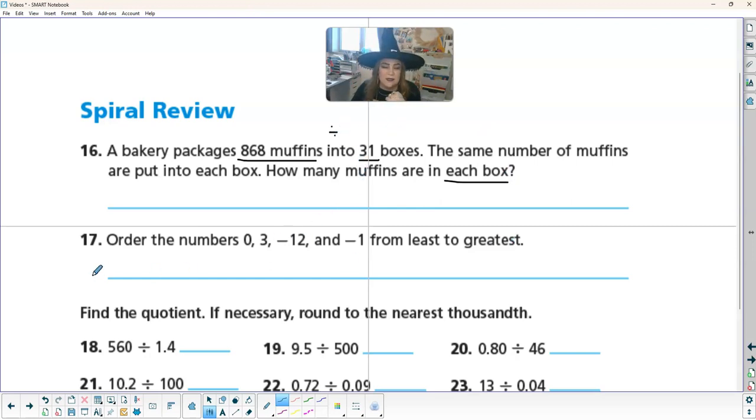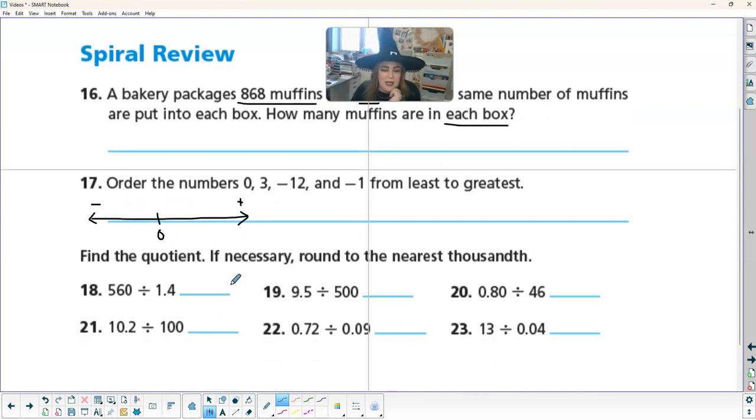Greatest to least, remember your number line. So 0, our negative numbers are going to be this way, positive are this way, smaller, bigger. And we've got these here. If necessary, round to the nearest thousandths. Remember, the thousandths place is 3 places after.